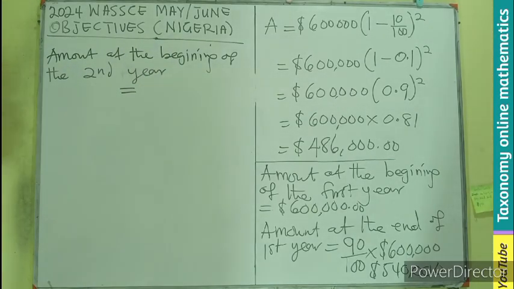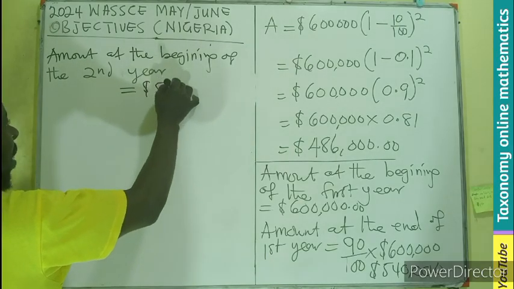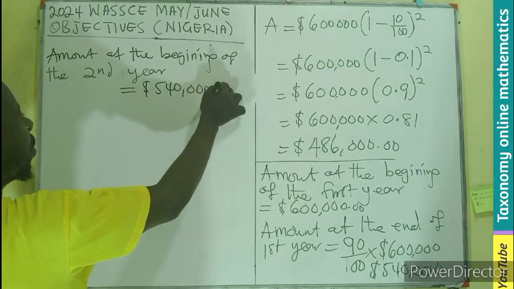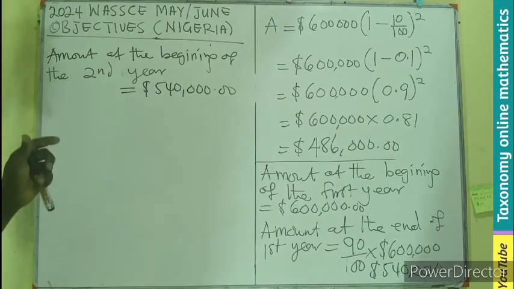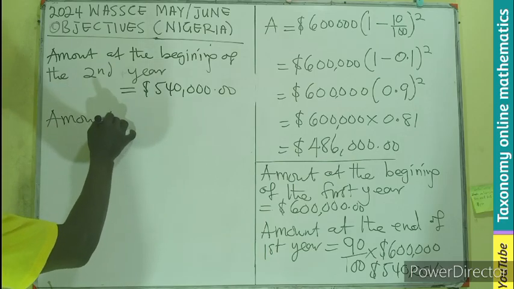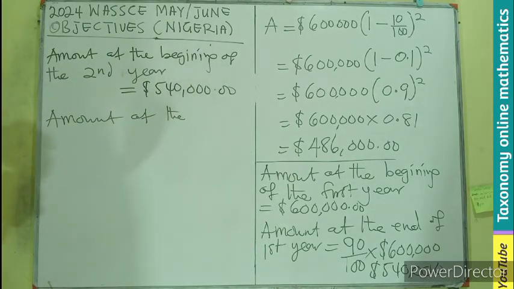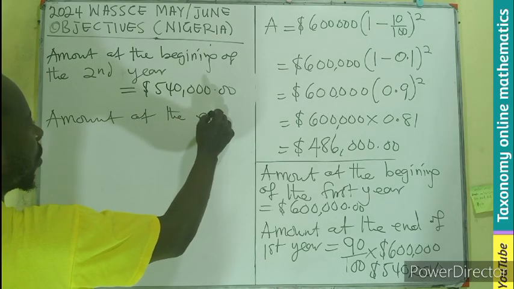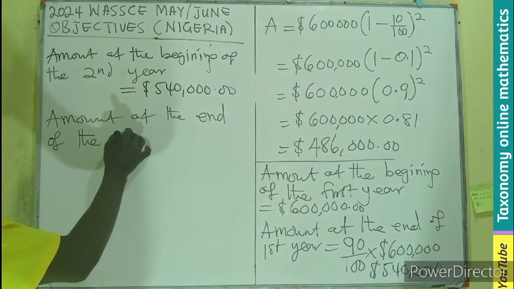The amount at the beginning of the second year will now be our $540,000. That's the amount at the beginning. So let's see, if the car depreciates, what will be the amount at the end of the second year.